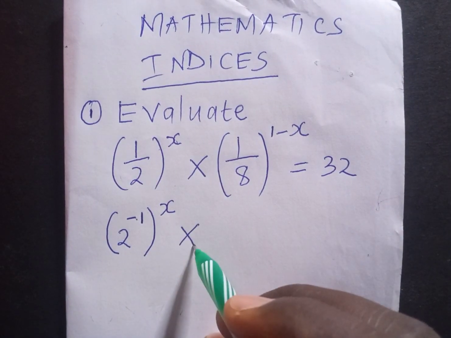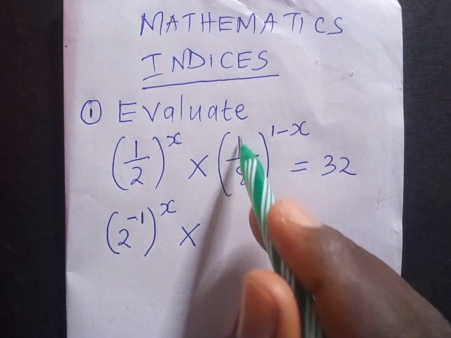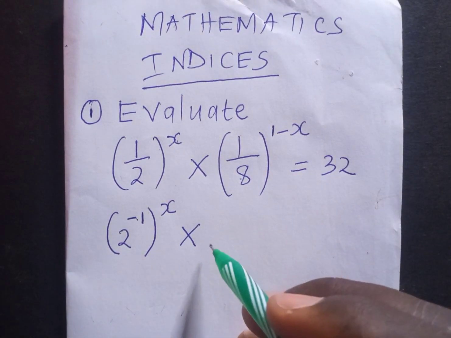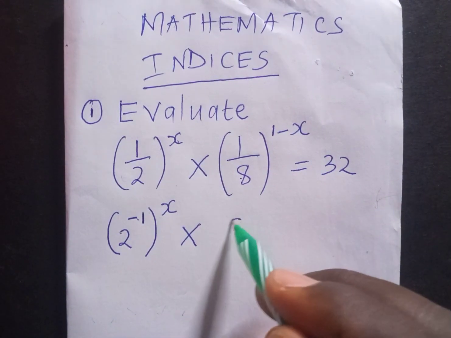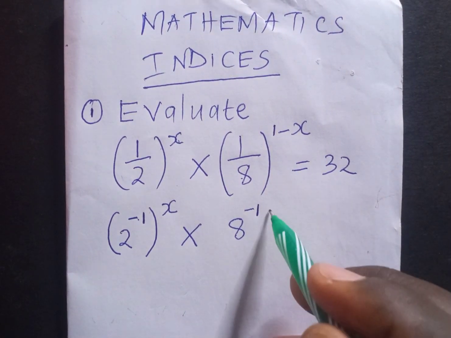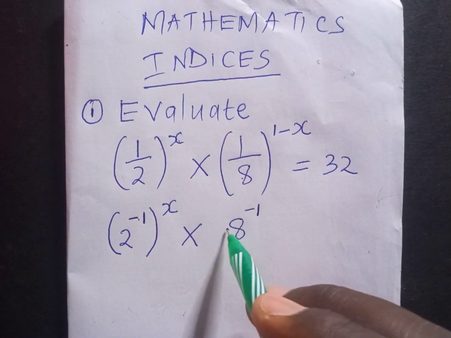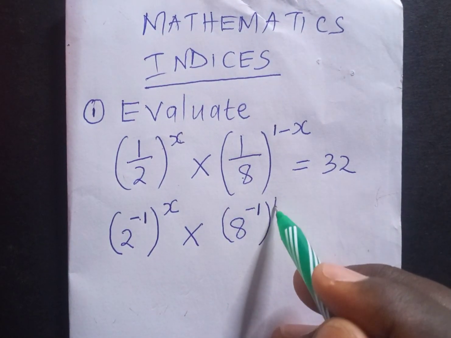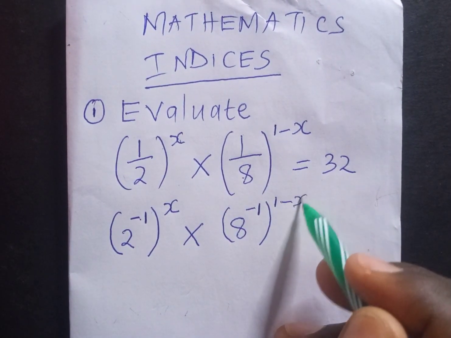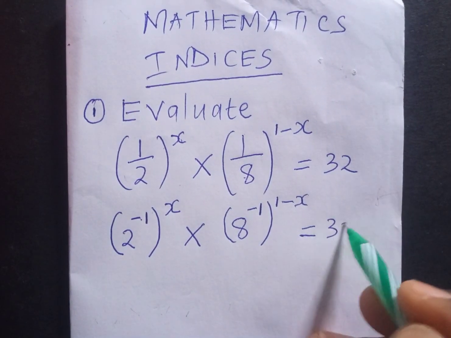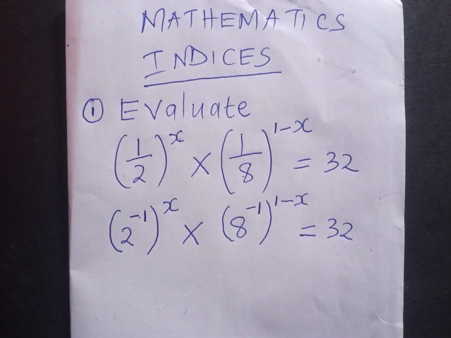Then times, instead of writing 1 over 8, from the law of indices that I've taught earlier, you write 8 raised to negative 1, then we close the bracket, raised to 1 minus x. Then we equate with this 32 that we have been given.